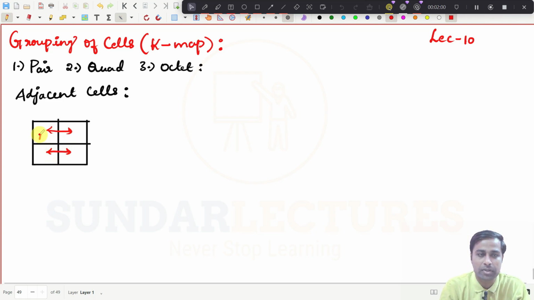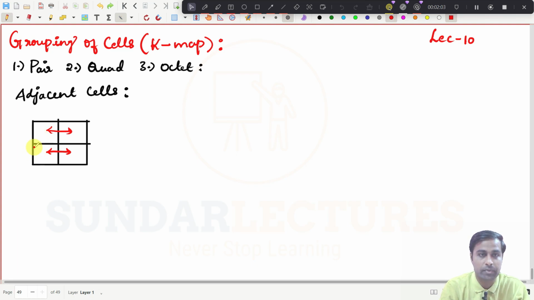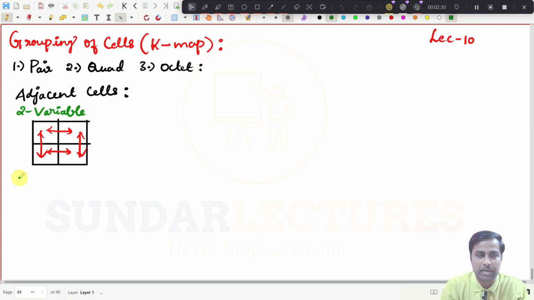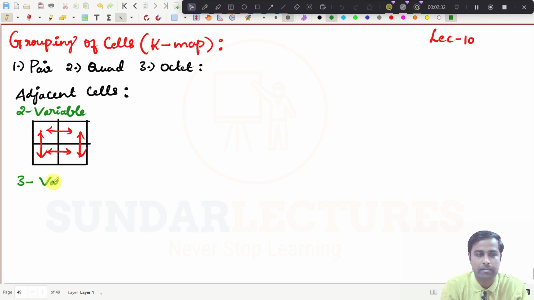And also these two are adjacent, as well as these two are adjacent. Two variable in the sense was a two input system.